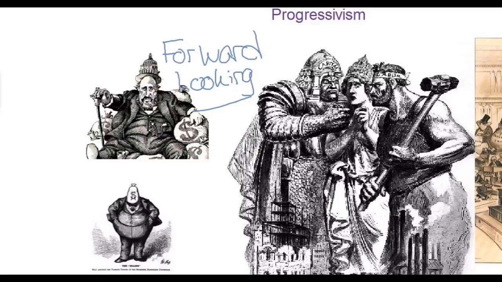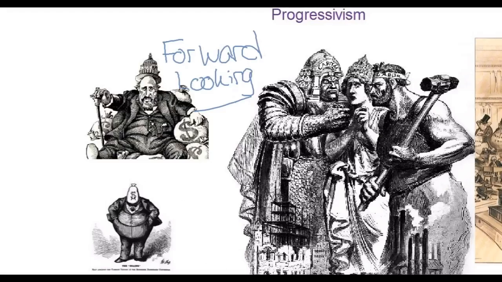Unlike the populists, who were primarily farmers from the Midwest and South, many progressives tended to be urban middle class and very well educated. Many of them were some of the first Americans to have advanced degrees, such as PhDs and master's degrees. So they were very interested in using their education and their ability to conduct research as a way of bringing about reforms.